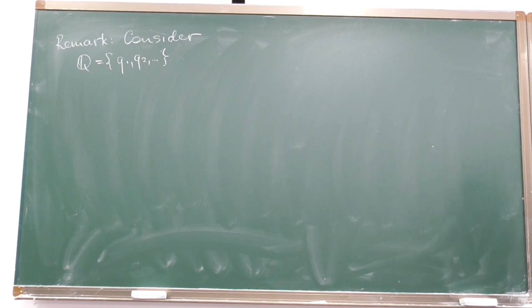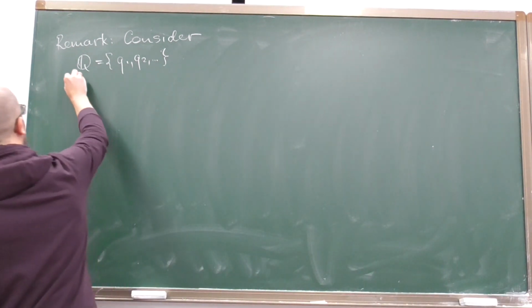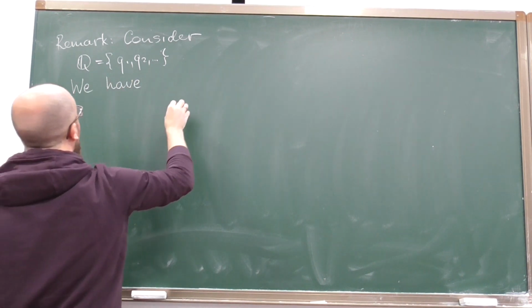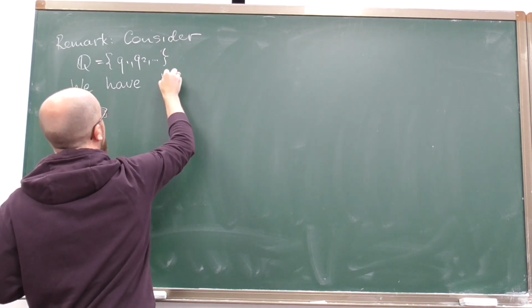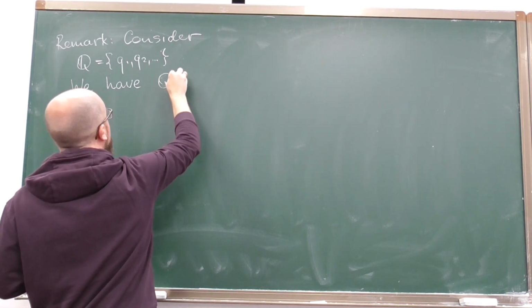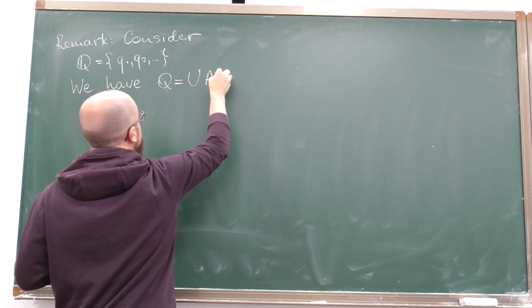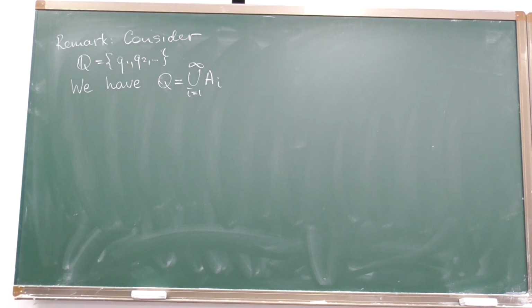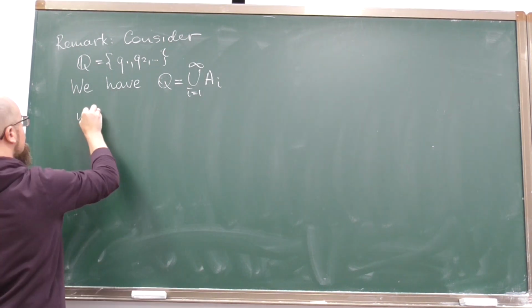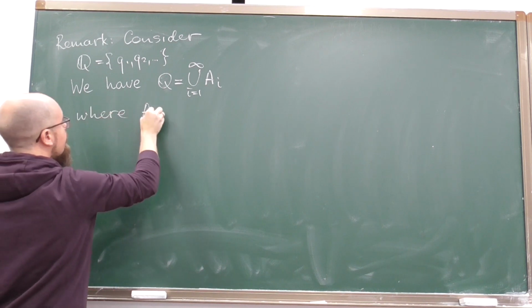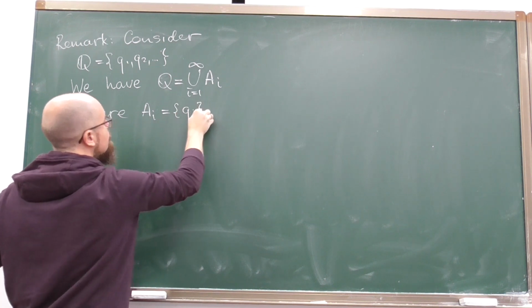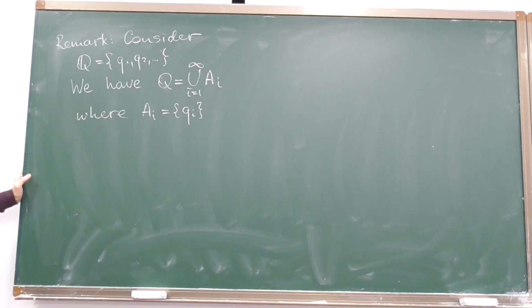So this set Q can be written as a union of A_i, where A_i is a singleton, the single rational number q_i, and as a singleton it is closed.